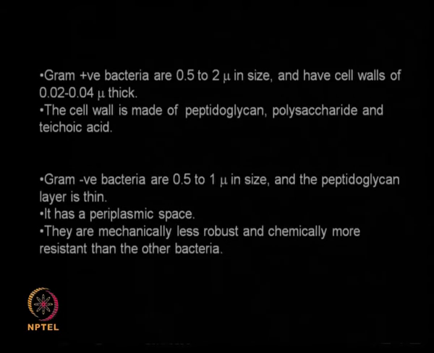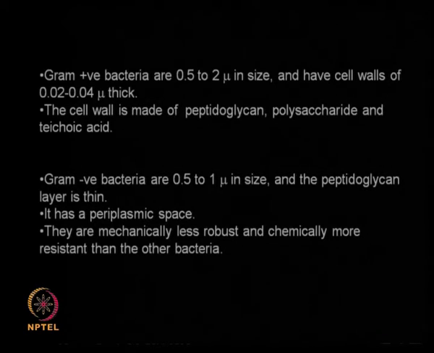So if I want to resort to mechanical methods, gram negative bacteria are less robust, so they can be easily broken down when compared to gram positive. If you want to use a chemical method, then gram positive is more susceptible than gram negative bacteria. So I can select either the mechanical or the chemical method, depending upon whether it is a gram positive or a gram negative bacteria.